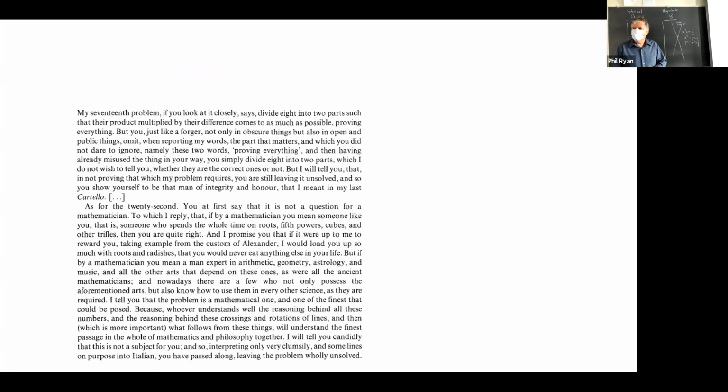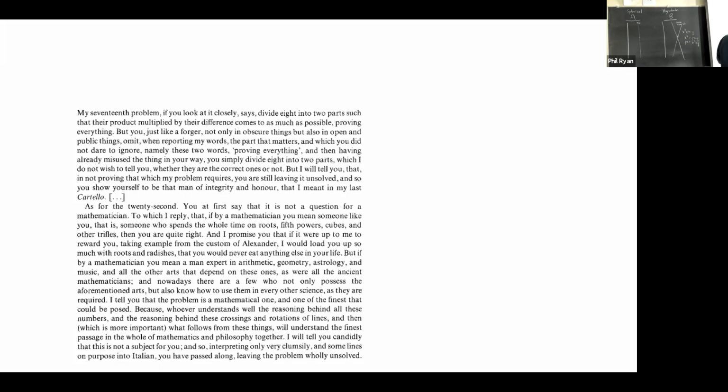And then Ferrari criticizes Tartaglia's solution to the 17th problem, because Tartaglia just gave the solution. Ferrari complains: "Proving everything, but you, just like a forger, not only in obscure things but also in open and public things, omit when reporting my words the part that matters, and which you did not dare to ignore, namely those 2 words, proving everything.